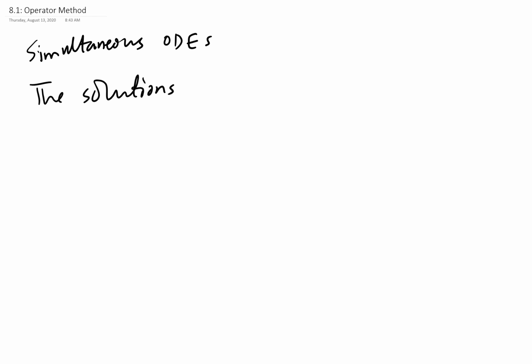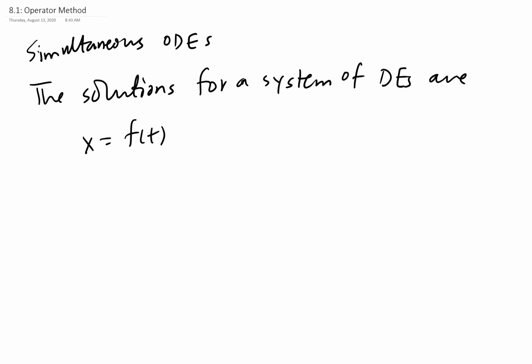So this works when we have simultaneous ordinary differential equations. The solutions for a system of differential equations are written in the form x equals f of t, y equals g of t, and, depending on how many equations, z equals h of t, and this can go on and on.